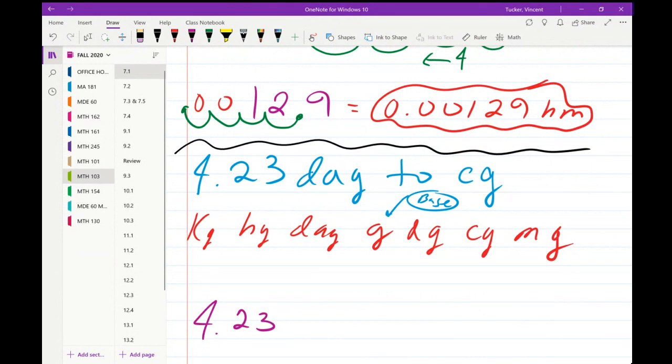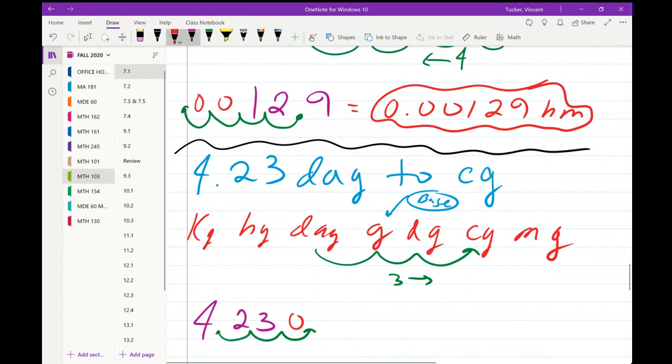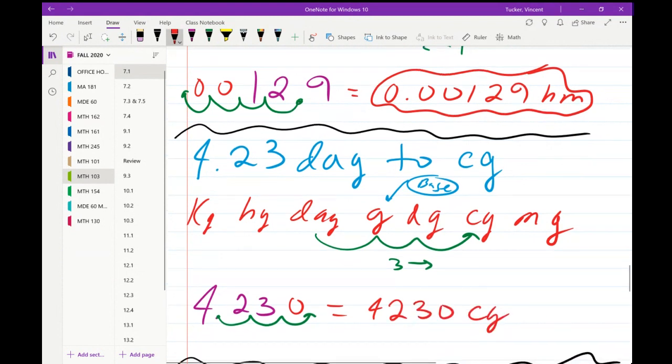We're trying to go to centigrams. Start here, go 1, 2, 3 to the right. 1, 2, 3. Add a 0. There you go.